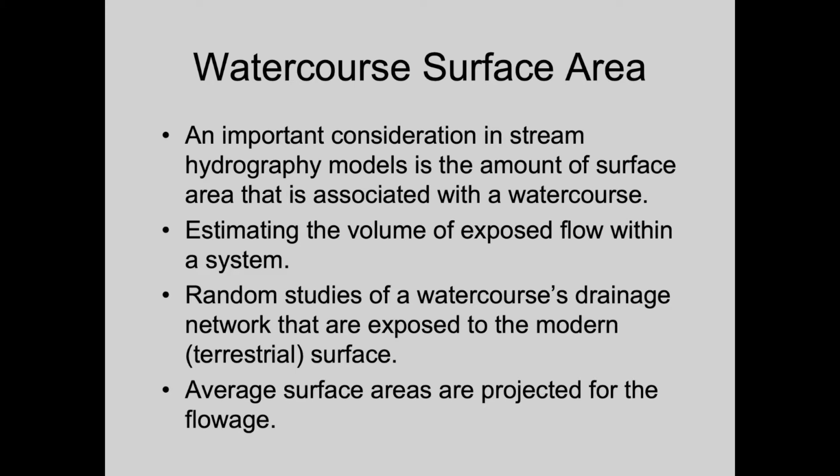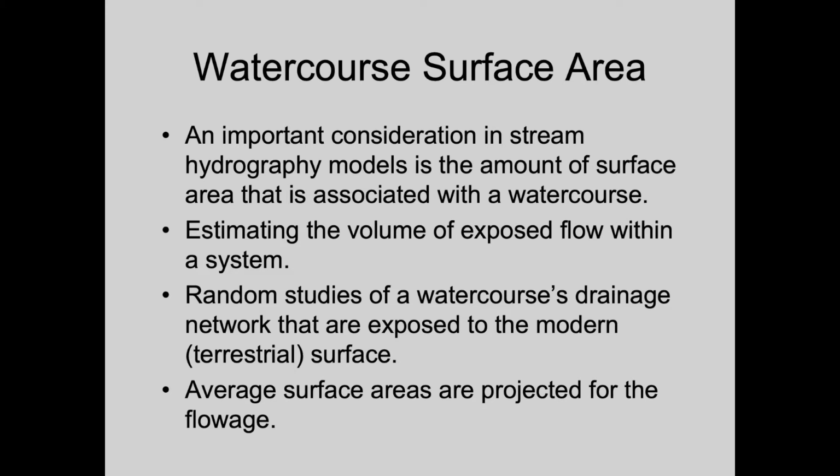Hydrologists will accomplish the gathering of this data by sampling a stream with a series of random samples or random areas within a drainage network. They're looking again at the volume of flow that is moving through any one point, and they're considering that in relation to the overall width of the channel itself. Again, the channel that contains water, exposed water.